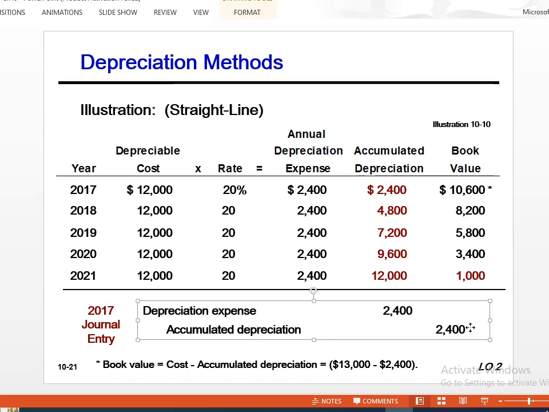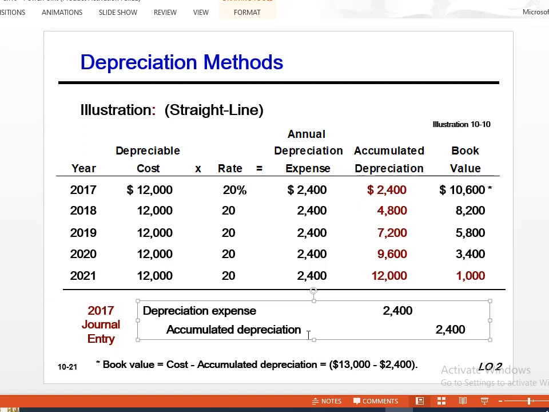Accumulated depreciation is a contra asset account. Contra means opposite to its asset. So if we have equipment, accumulated depreciation on equipment is a contra asset account for the equipment. So when equipment increases, we debit it. But when accumulated depreciation increases, we credit it because it's contra in nature.